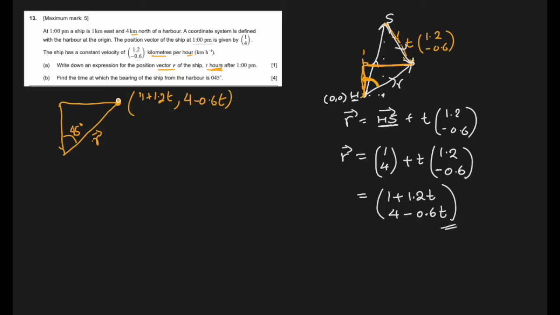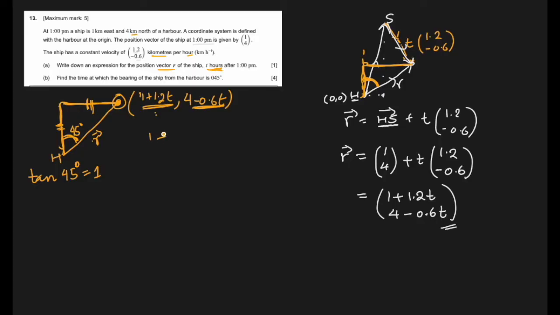Whenever we have 45 degrees, the adjacent side and the opposite side are always equal, because tan 45 degrees is 1. That means the horizontal distance from H is equal to the vertical distance from H, so the x and y coordinates of this head are equal.